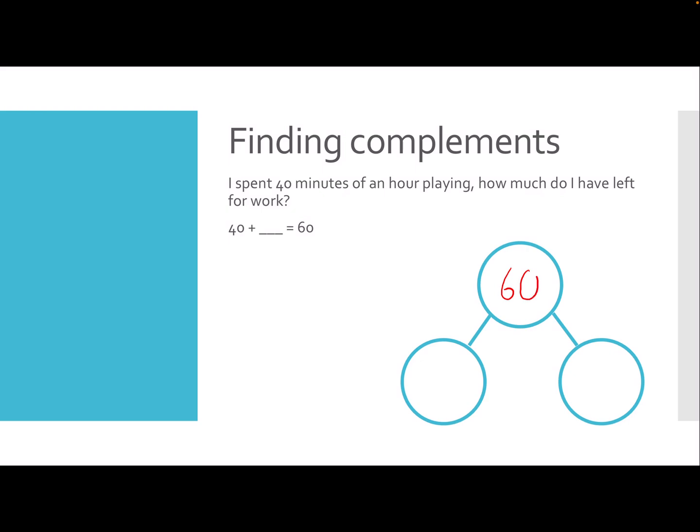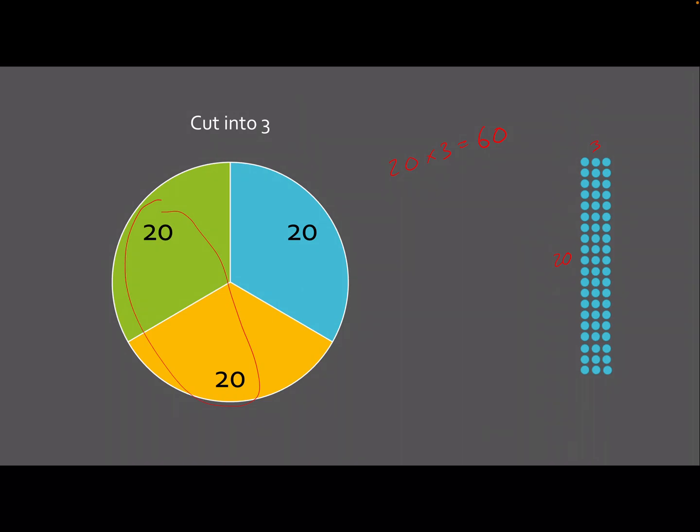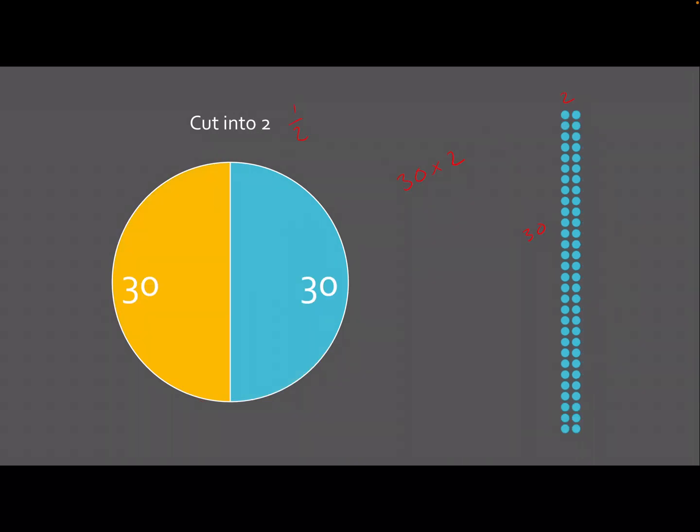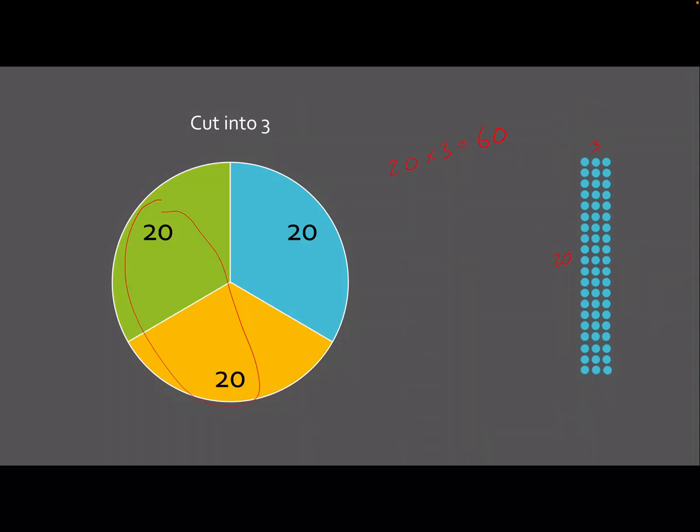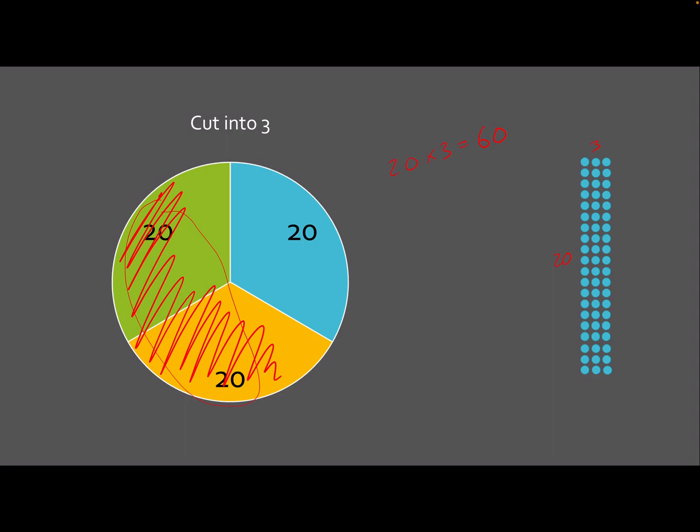We know this. If I spent 40 minutes of it playing a computer game, how much of it have I got left? Well, where can I get 40s from? Can I make 40s out of 30s? No. Can I make 40s out of 20s? Yes, I can. I've used that 20 minutes and that 20 minutes because that makes 40.